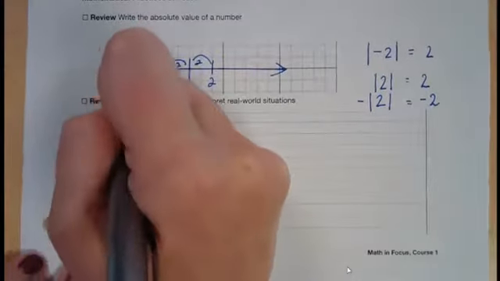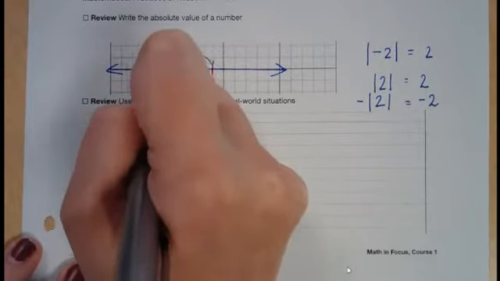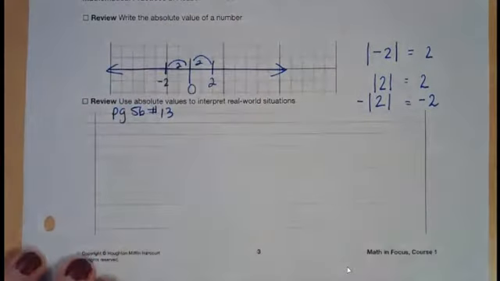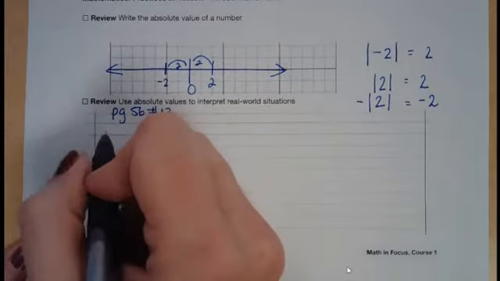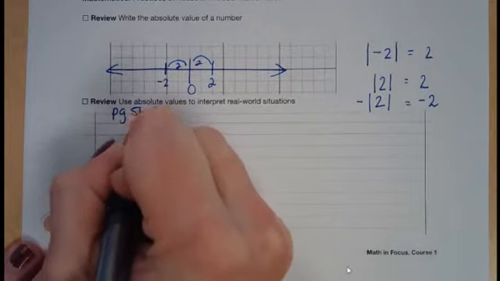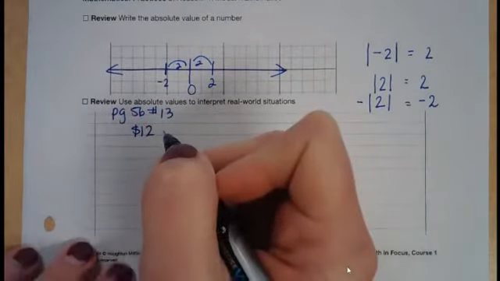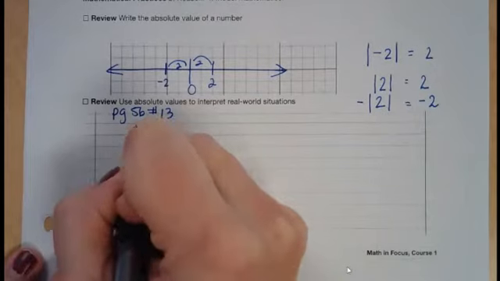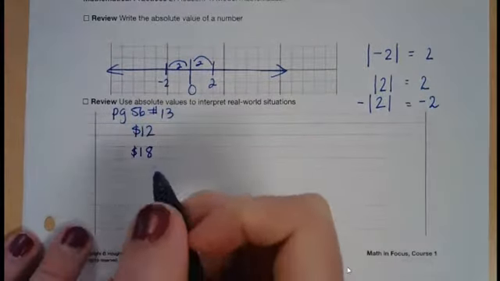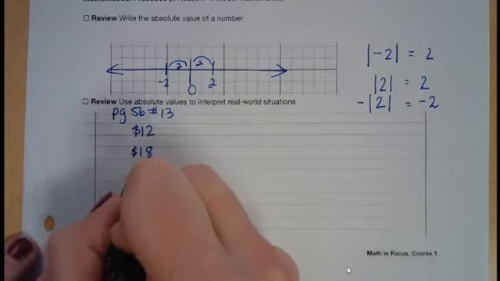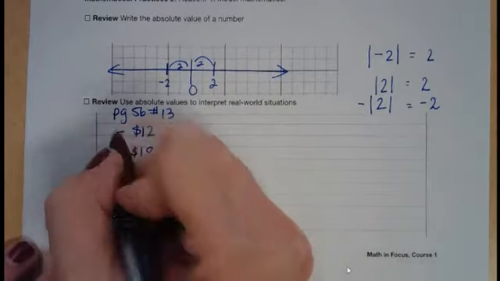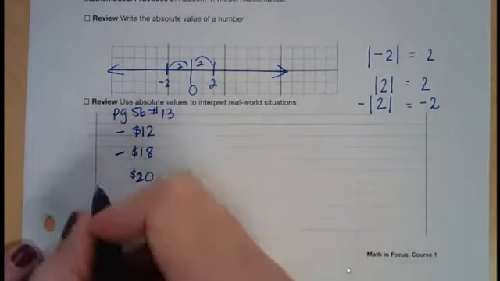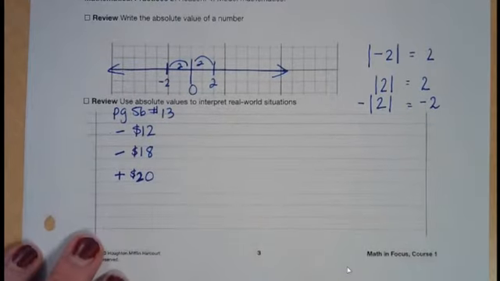Okay, and then we're going to turn to page 56 and do number 13. So this is using absolute value in real world problems. So here we have Joe owing his sister Lisa $12 and his sister Kelly $18. But his brother David owes him $20. So Joe owes this amount to his sister, this amount to a different sister, but a brother owes him that amount.